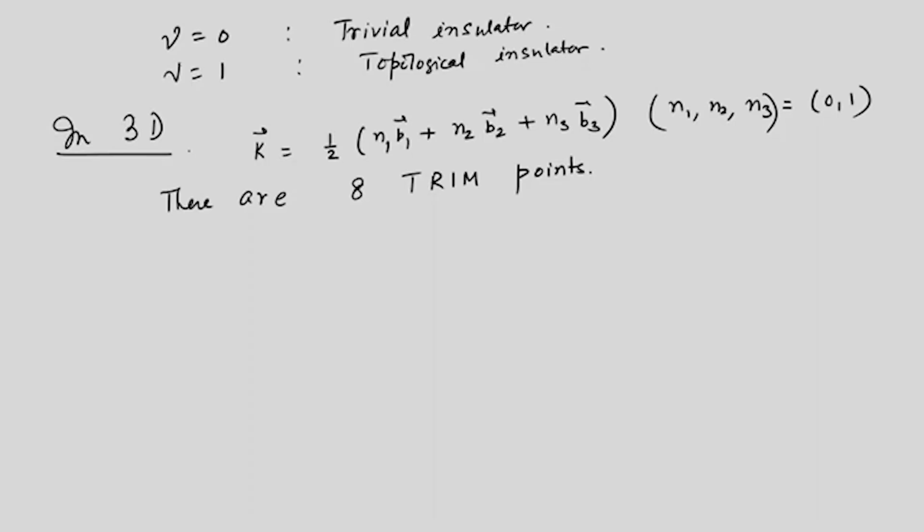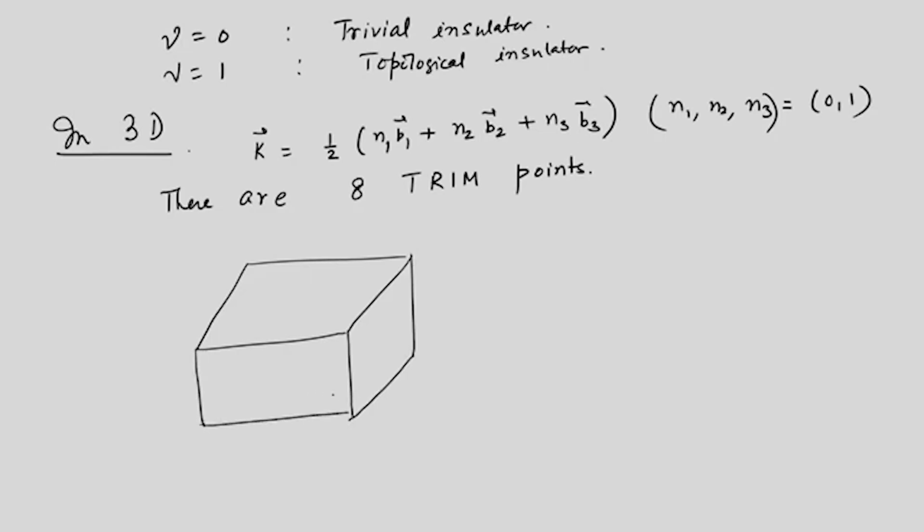And how do we then talk about this topological invariance? Let us try to understand. Let me draw a cube, that is just a Brillouin zone. It is a simple cubic Brillouin zone.